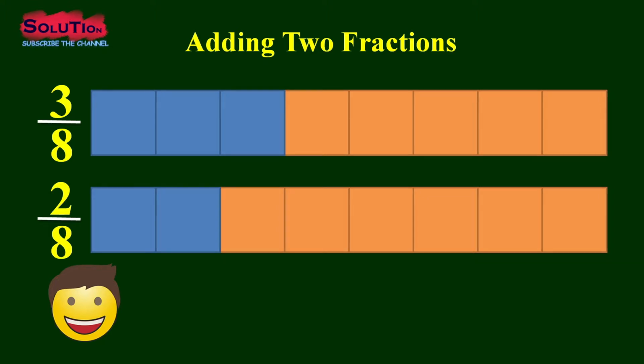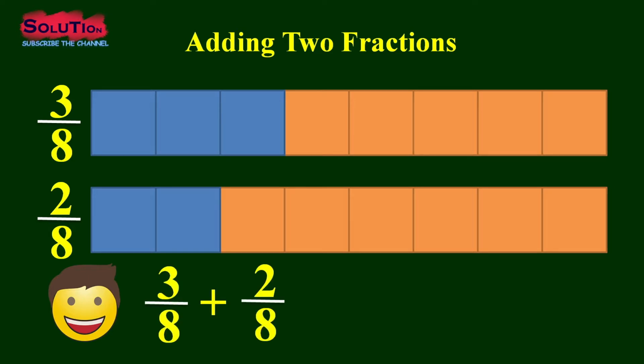Okay, so 3 by 8, you can clearly see 3 parts I have colored in the first fraction, and for the second fraction 2 parts I have colored. I have divided both of them into 8 parts, because in the denominator we have 8. Now I want to add it.